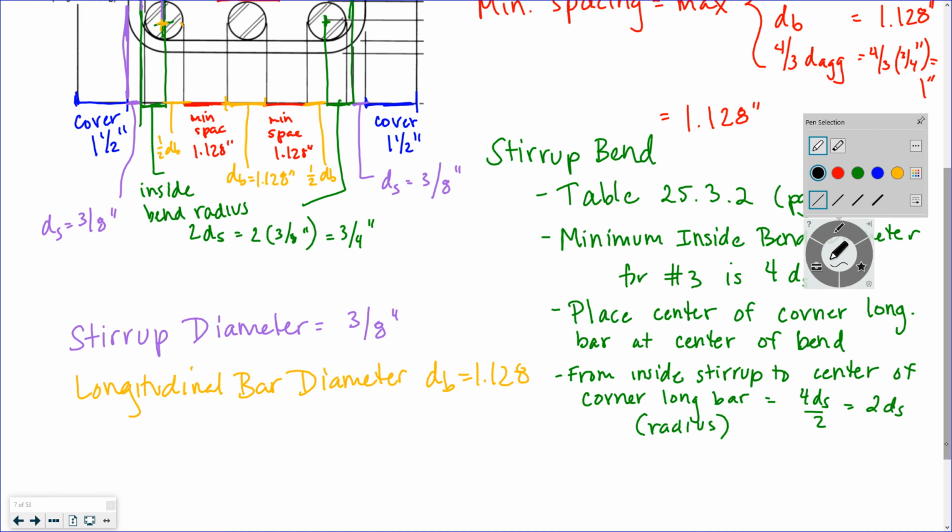My minimum width equals, I've got 2 covers, right, on either side. I've got 2 stirrups.